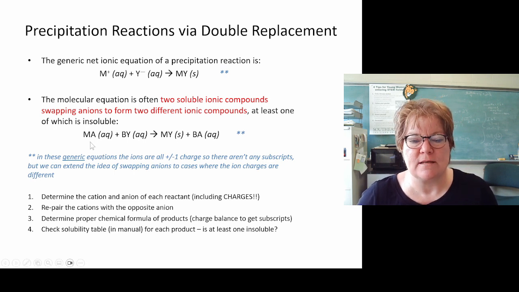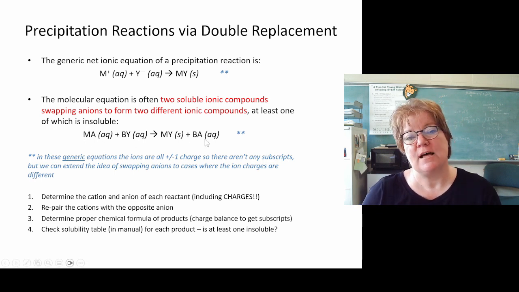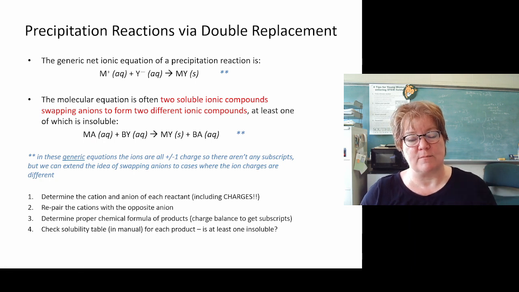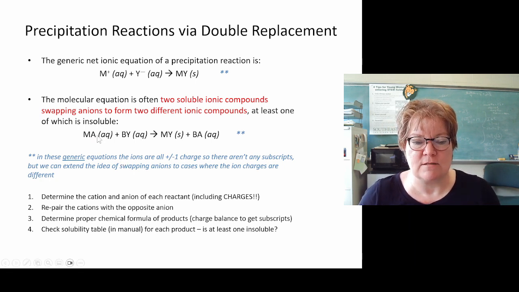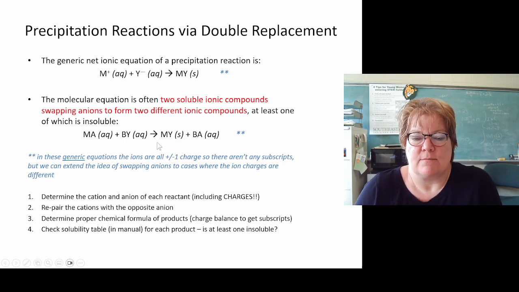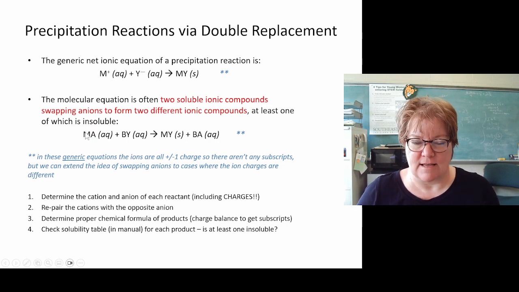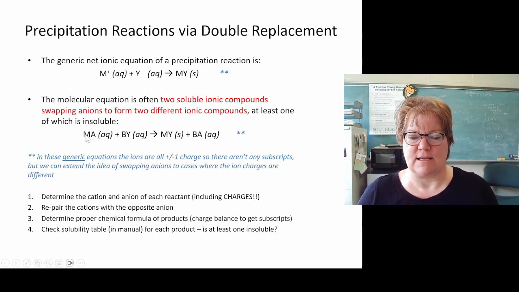So you're swapping. If I'm not looking at the net ionic equation, but rather the molecular, I have some reagent. It's aqueous. It's a source of these M cations. I have a mixture that has MA, and that has M cations in aqueous form. And I have a reagent BY.